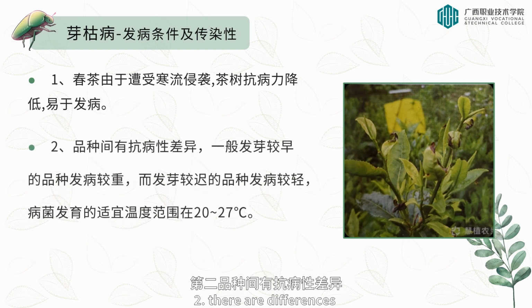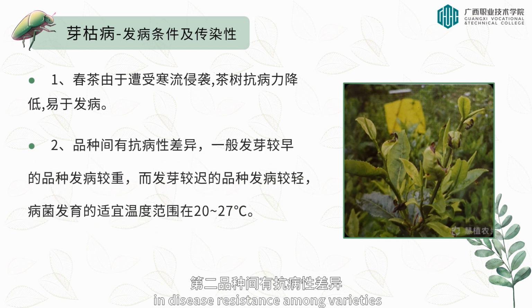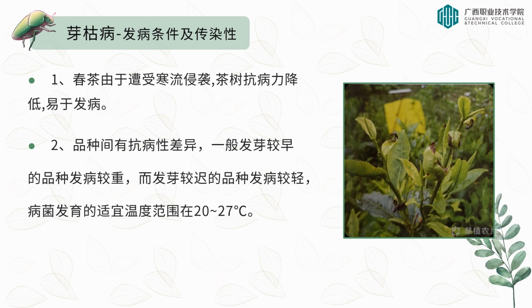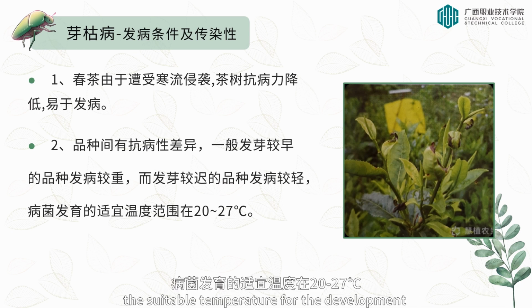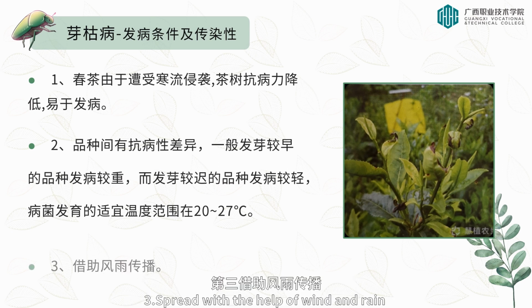There are differences in disease resistance among varieties. Generally, the disease is more serious in the varieties that germinate earlier, while the varieties that germinate later are lighter. The suitable temperature for the development of the pathogen is 20 to 27 degrees Celsius. 3. It spreads with the help of wind and rain.